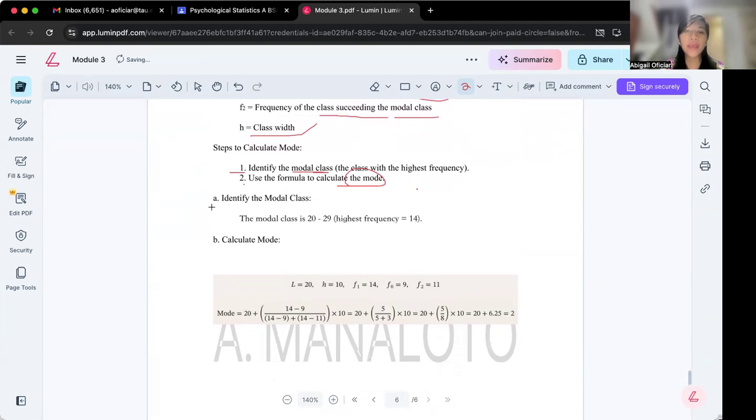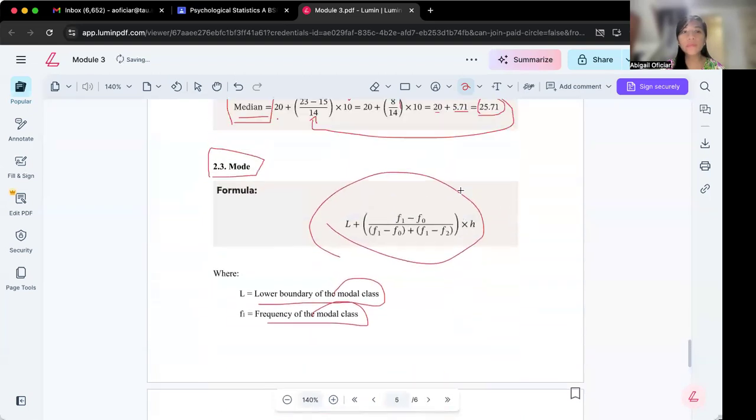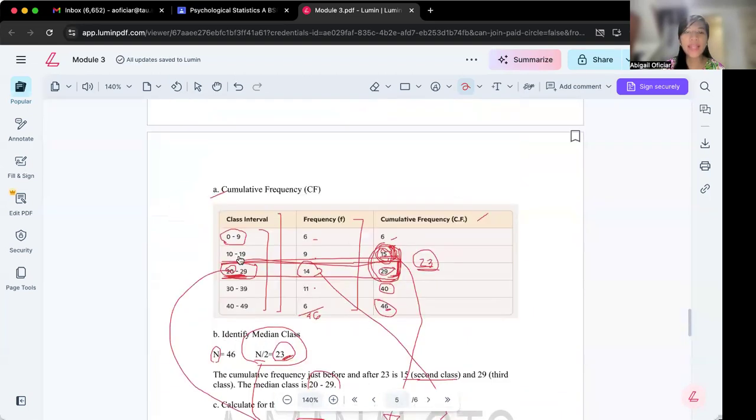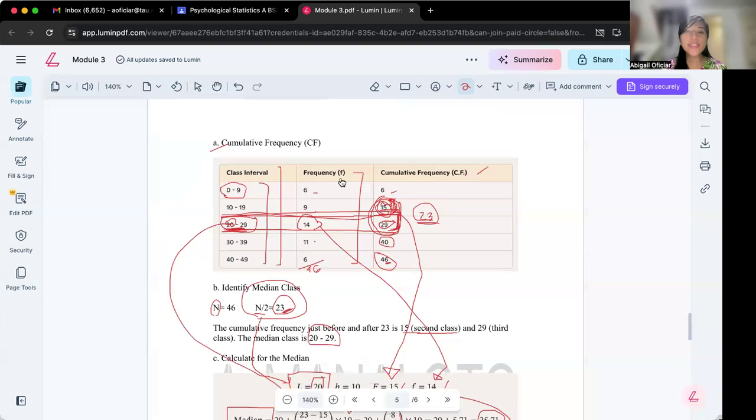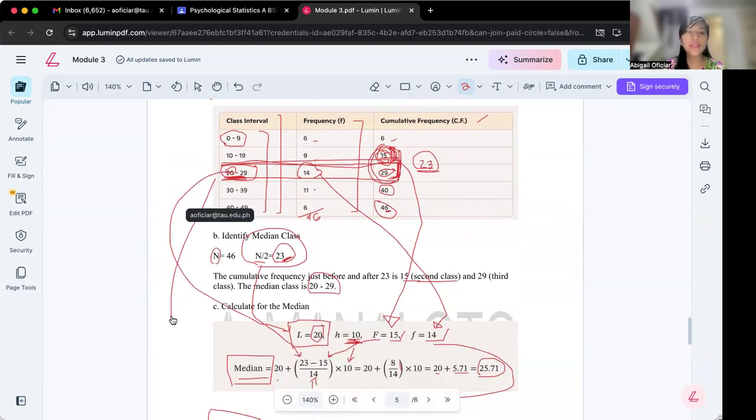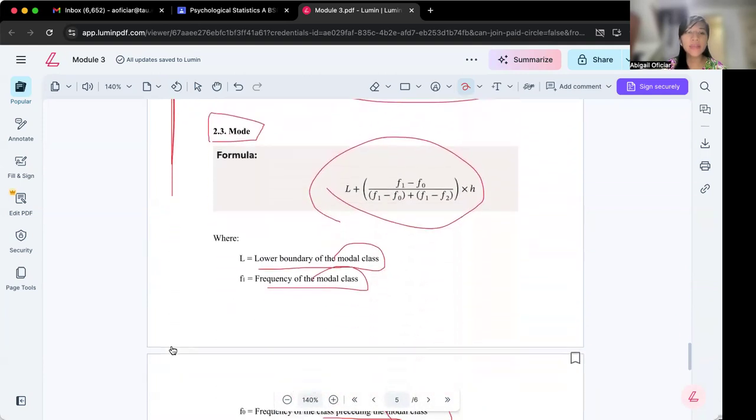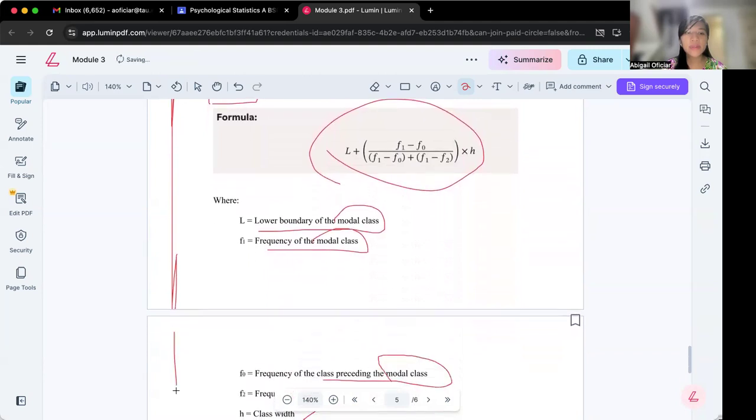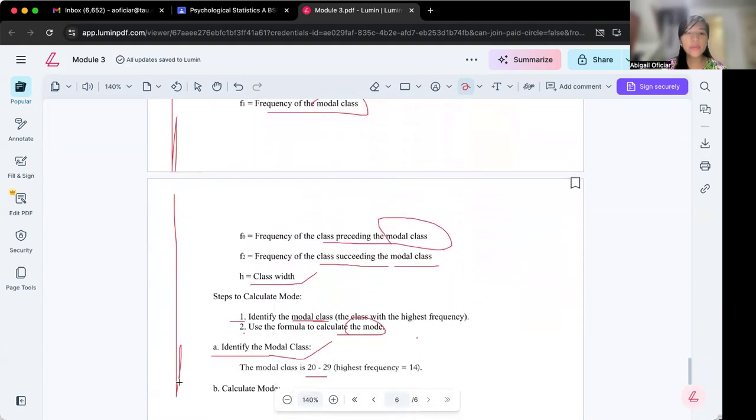So let's identify the modal class. Ano ba yung modal class? No? So the modal class is 20 to 29. Balikan natin yung data natin sa median. No? So let's say same data that we have here. The modal is 20 to 29. Let me have a sign here so that you will know. Okay.